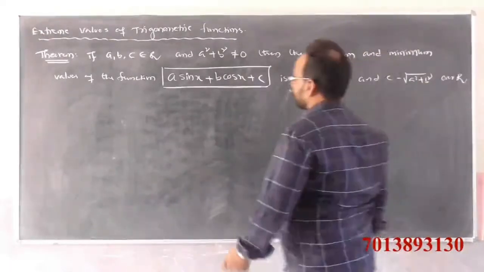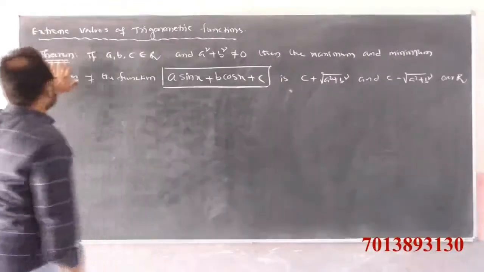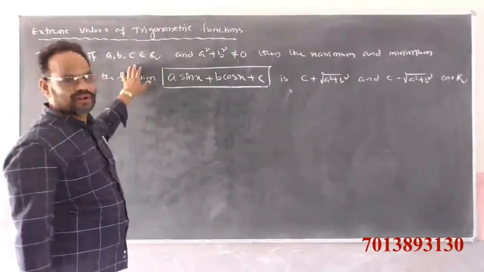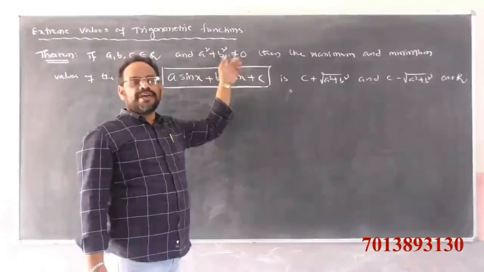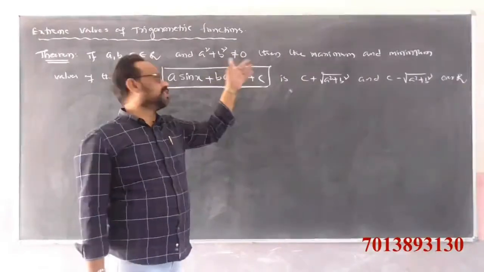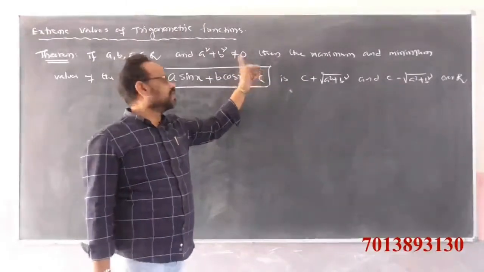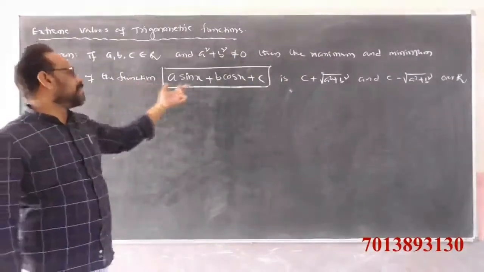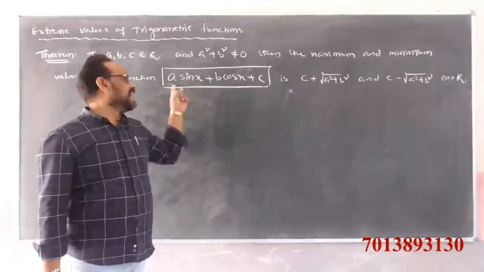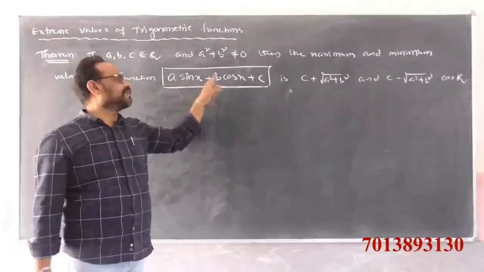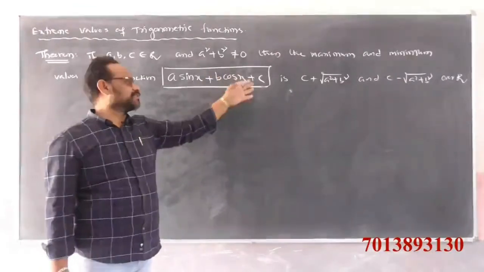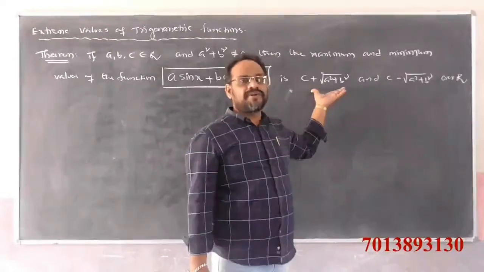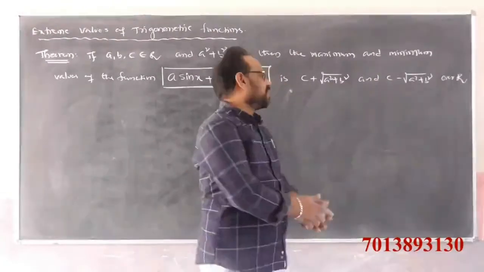Observe here, the theorem: if a, b, c belong to R and a square plus b square is not equal to 0, then the maximum and minimum values of the function a sin x plus b cos x plus c, or a cos x plus b sin x plus c, are c plus square root of a square plus b square and c minus square root of a square plus b square.